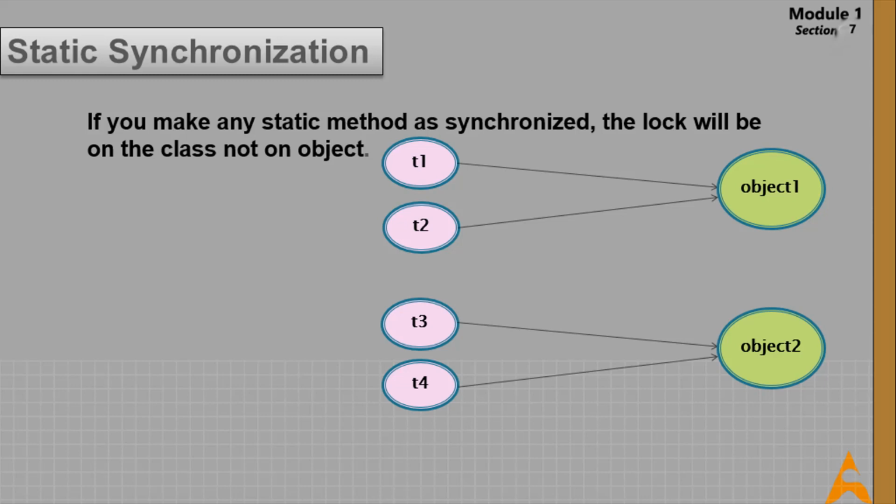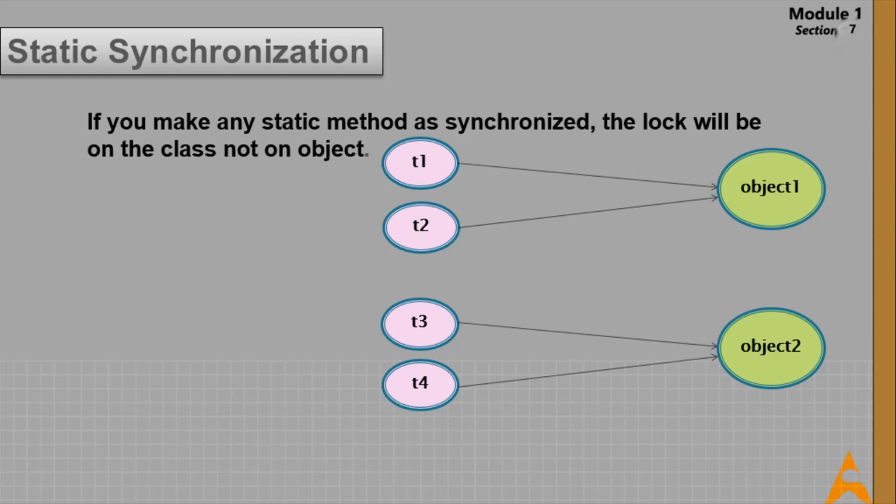But there can be interference between T1 and T3 or T2 and T4 because T1 acquires one lock and T3 acquires another lock. I want no interference between T1 and T3 or T2 and T4. Static synchronization solves this problem.